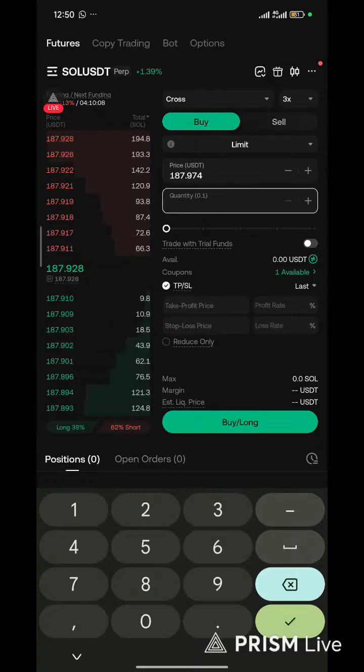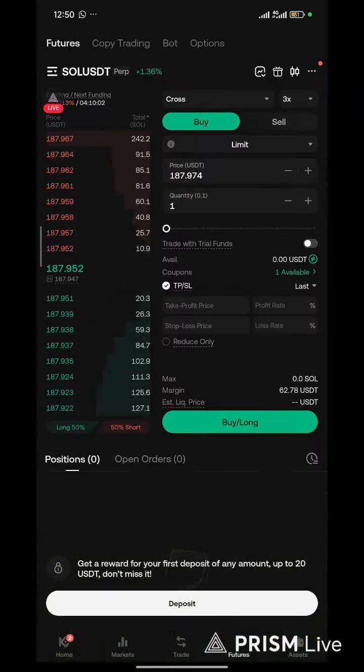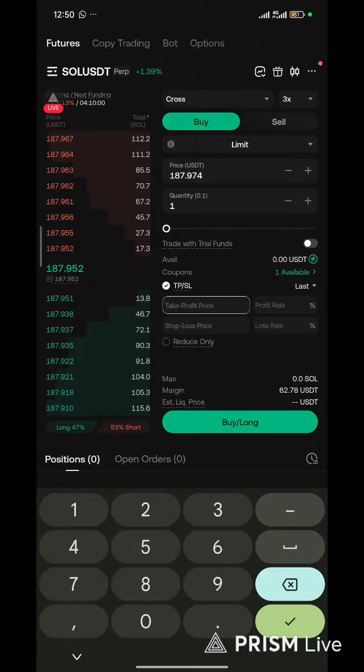The SOL I want to use to enter this trade, I'm entering this trade with one SOL. So the take profit I'm going to use is going to be 209, and my stop loss is going to be 100.